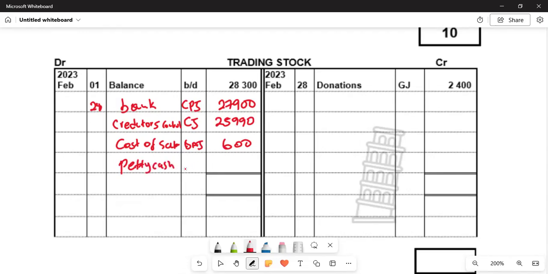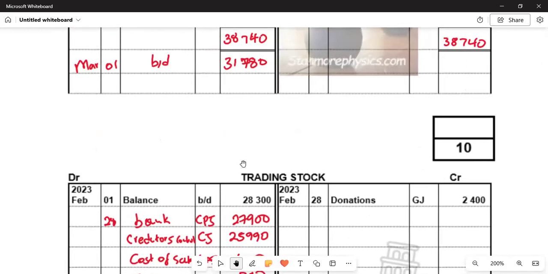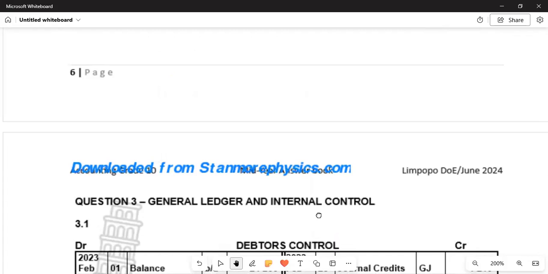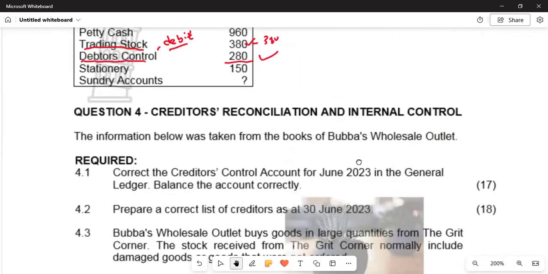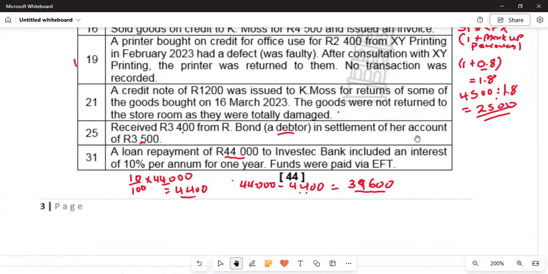We did buy our stock from our petty cash journal, of 380. There were donations that were already given on our answer book, but we are now to go to the credit side of our trading stock. Let's see how we treat them on the answer.